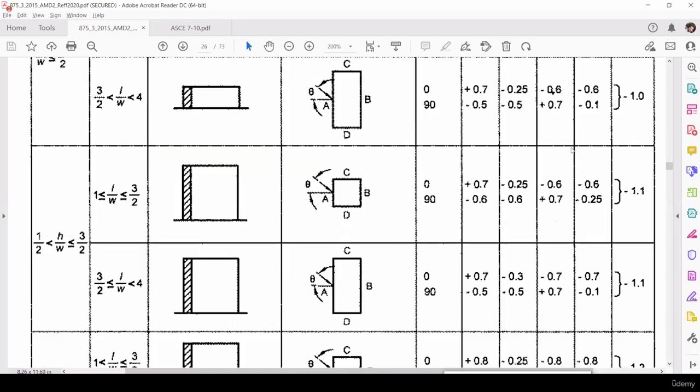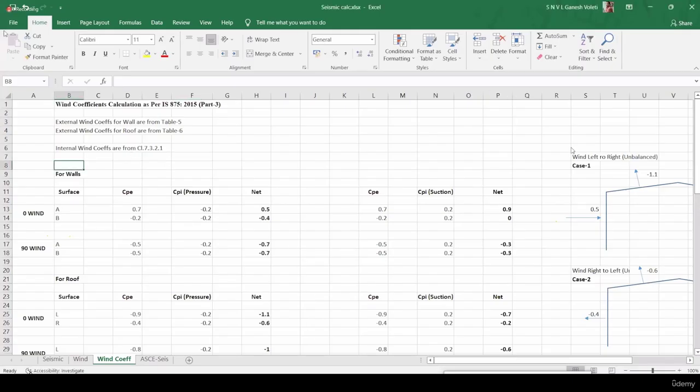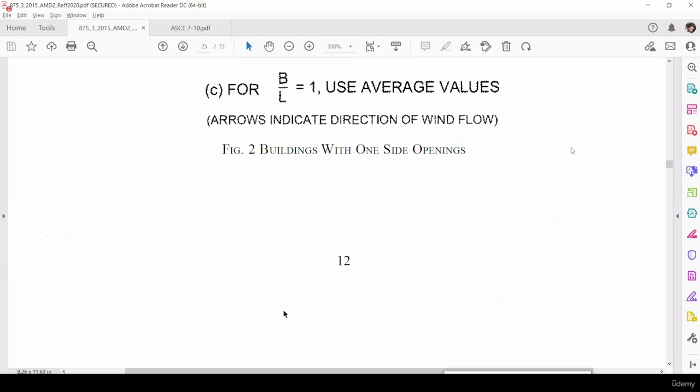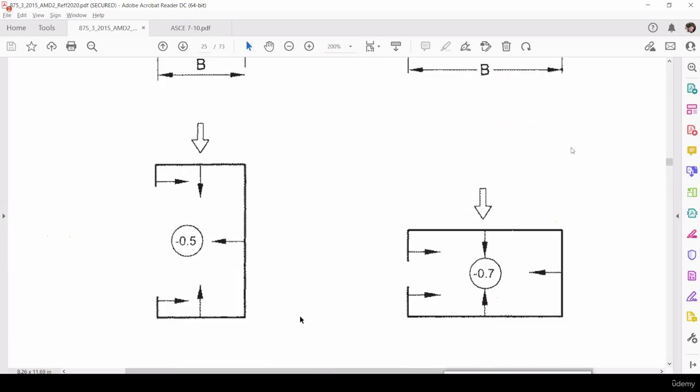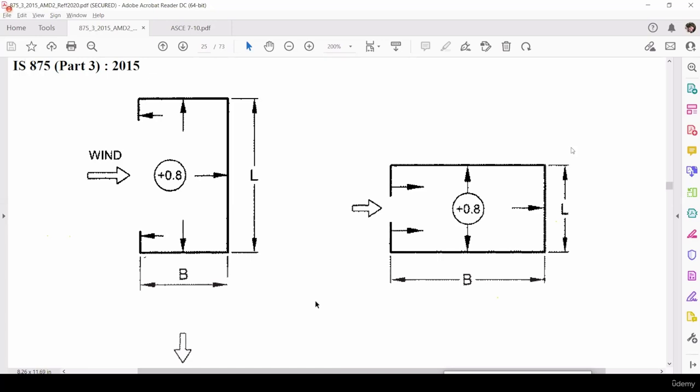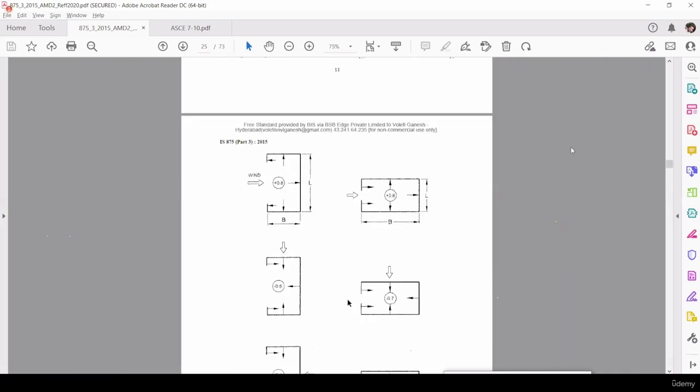Sir, also explain page number 12, please. Page number 12, in this only. If one side is completely open, what is correct?